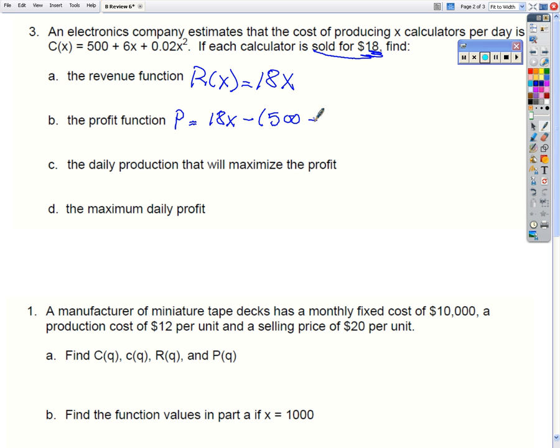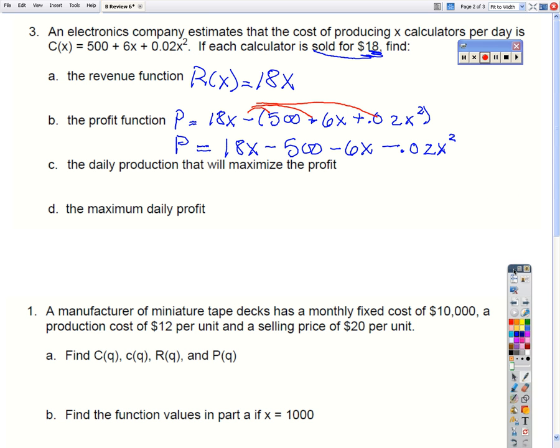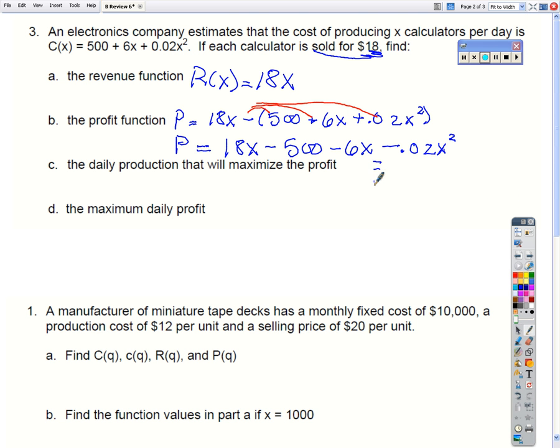You have to be careful when you subtract the cost, because this negative gets distributed to all three pieces. And then we can combine like terms, 18x minus 6x. We get 12x minus 500 minus 0.02x squared.